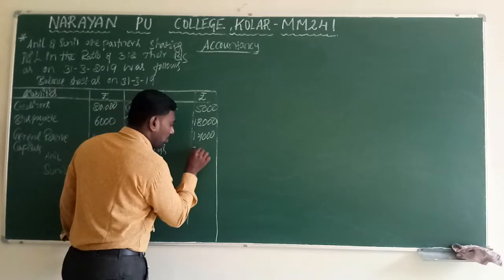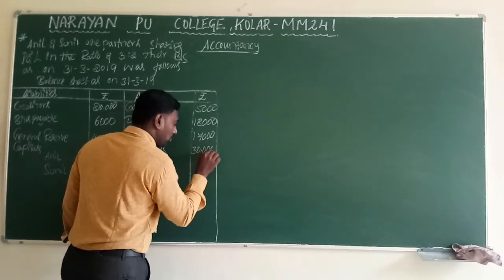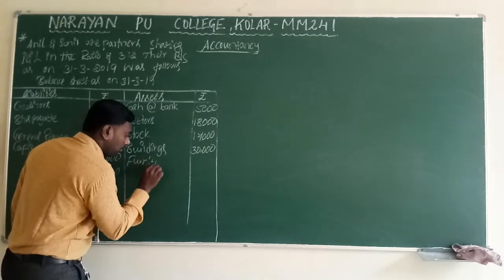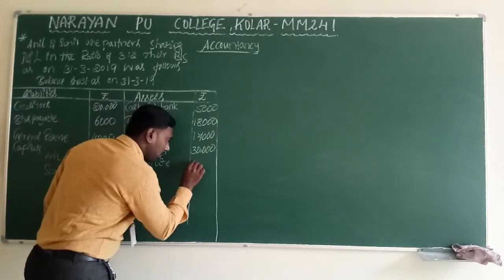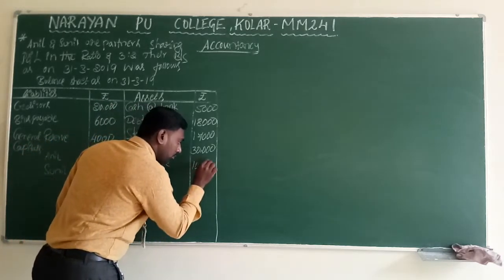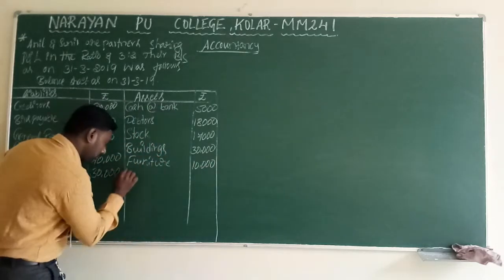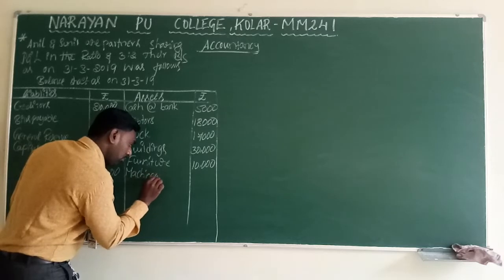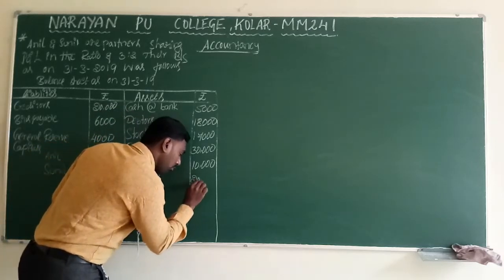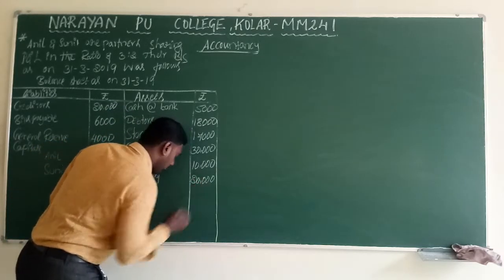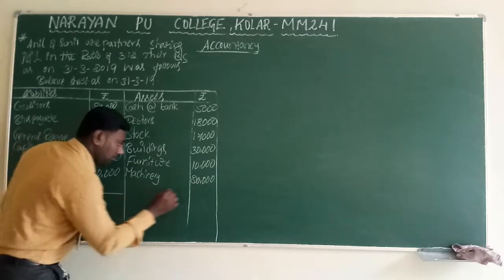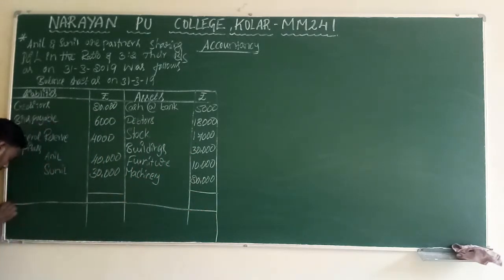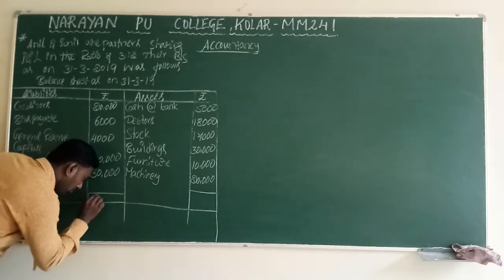Furniture 10,000. Machinery 20,000. Both side totals are 1 lakh.